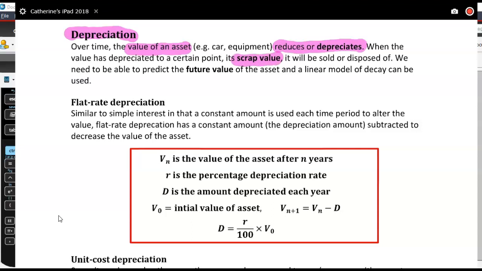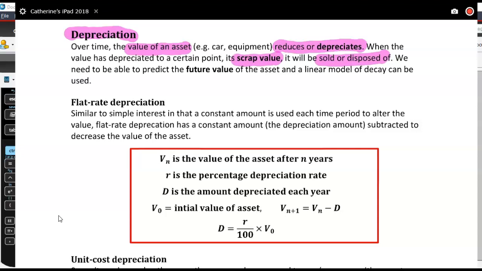So your company may have decided that when a certain asset, like say a car, has depreciated to only being worth $10,000, it's going to get rid of it. It's going to scrap it. So that's what scrap value is. It might sell it or take it to a wreckers or something like that.